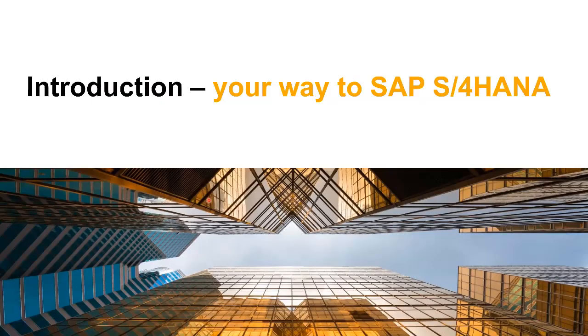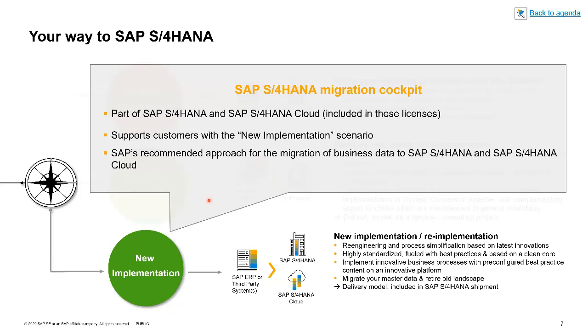Okay, the SAP S4HANA and the way to this. As you probably know, there are different ways to bring your data into the S4HANA environment. We have, on the one hand, the system conversion, where you move your complete system, the complete settings, the complete history of all your data to SAP S4HANA.